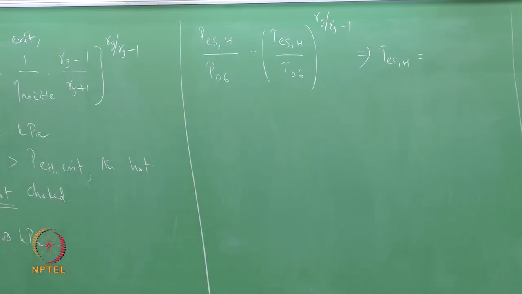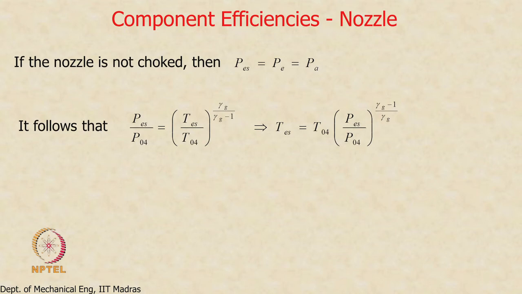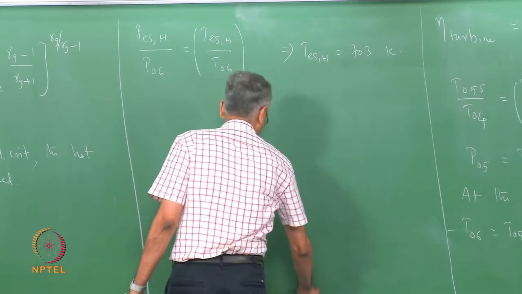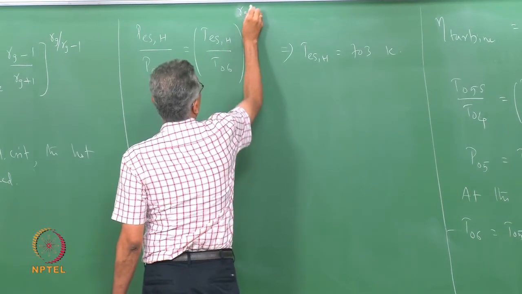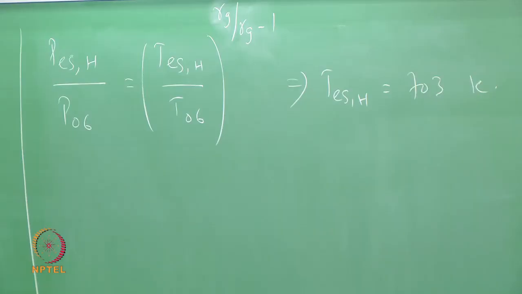What do you get if you do this calculation? Gamma g over gamma g minus 1, and what do you get for TESH? 703, okay.